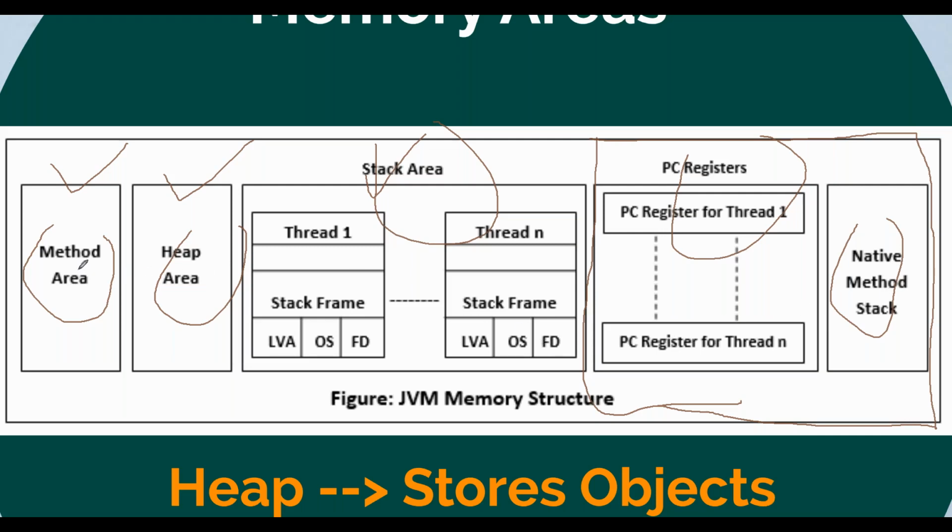So the method area generally stores the global variables, the stack area will store the local variables, and the heap area will store the objects that are created.